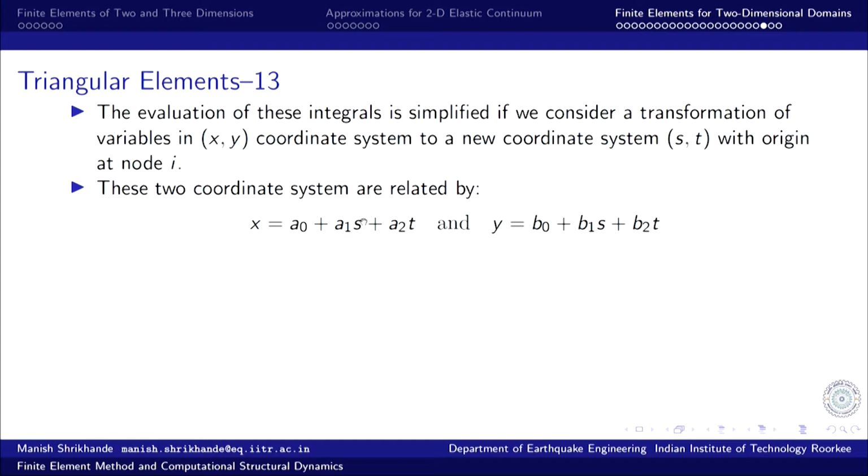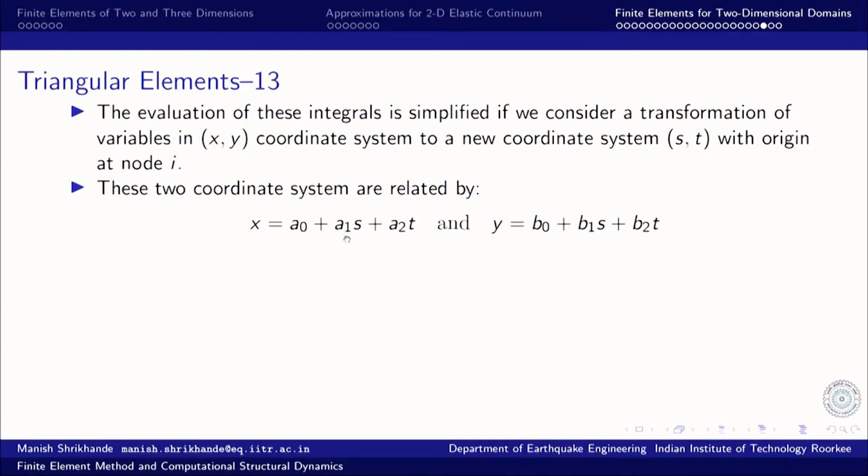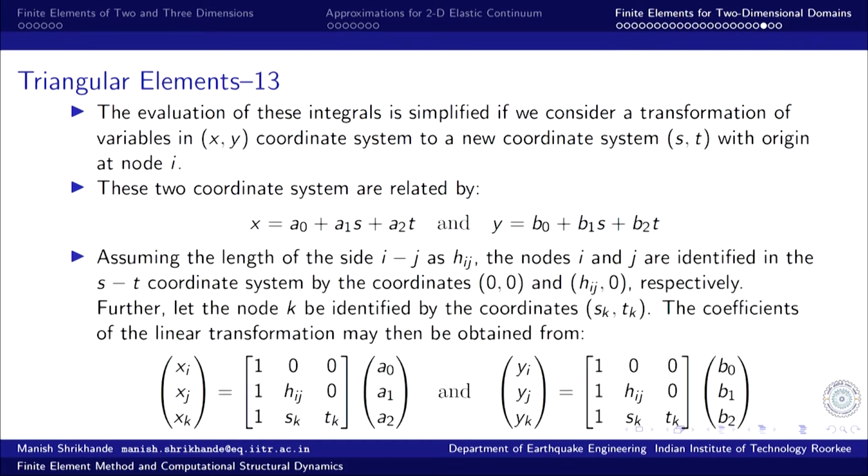So, I define x equal to a0 plus a1 s plus a2 t, y equal to b0 plus b1 s plus b2 t. This is the general linear transformation, as general as it can get, nothing more to be added. We have not missed out anything: the lower order term captures the constant shift of origin, and the linear terms of course define the linear mapping.